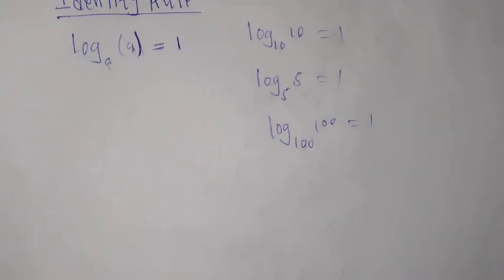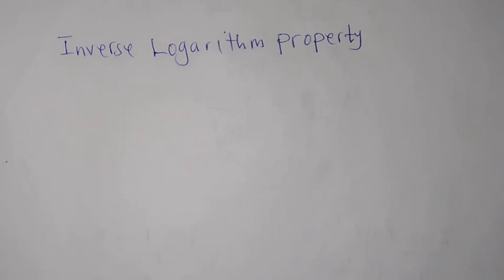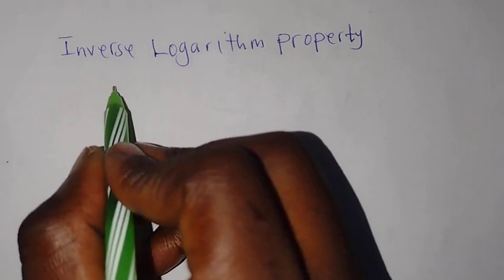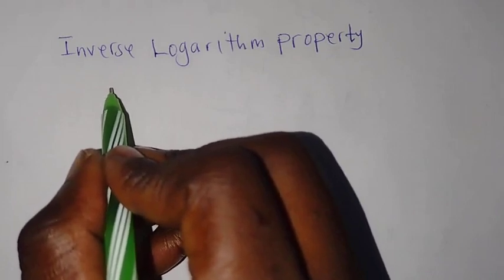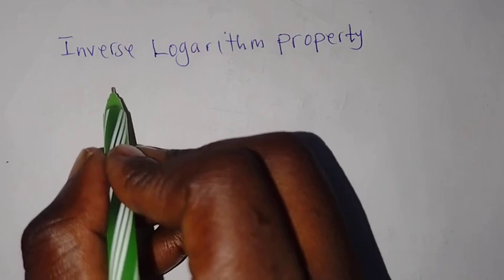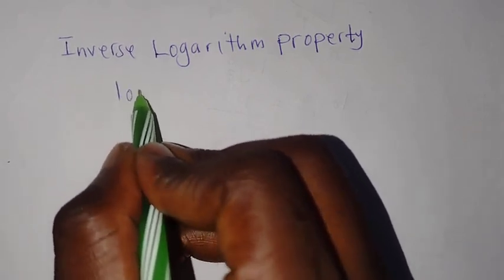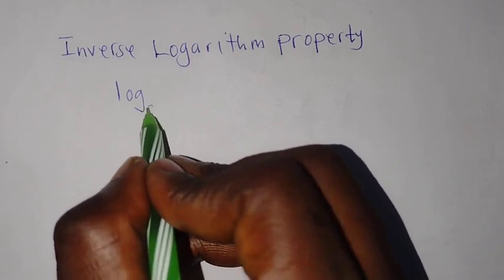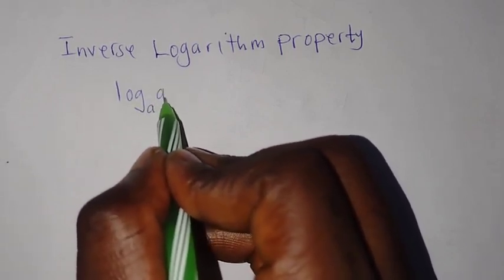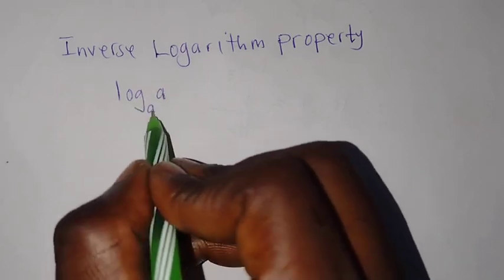So I hope this one you have understood. Then let me also just talk about the inverse logarithm property, of which I've also explained it. So we are now looking at the inverse logarithm property. Let's say you have something like this. You have log, and here there is a, again here there is a, with a base of a.